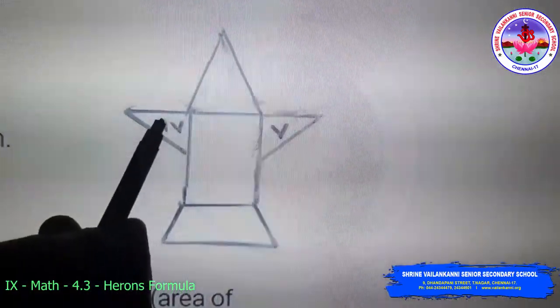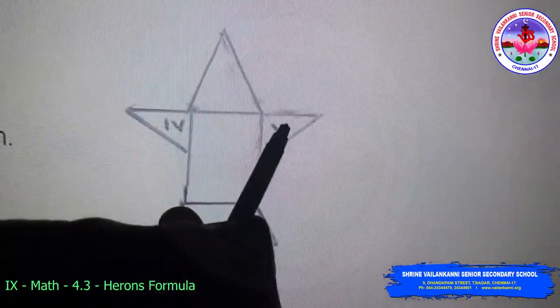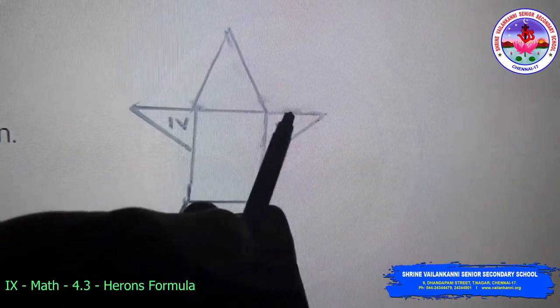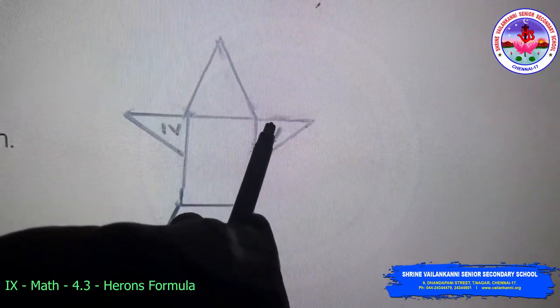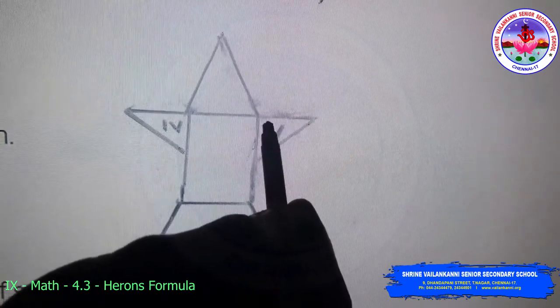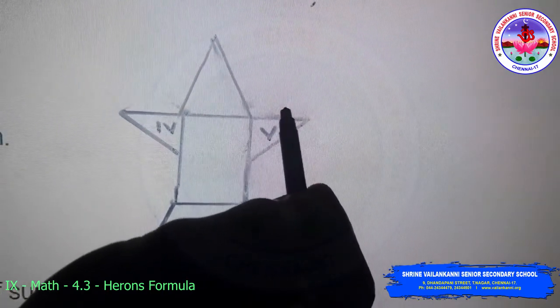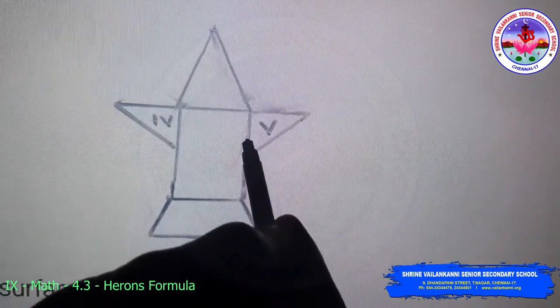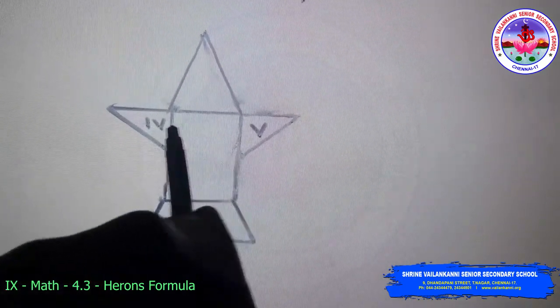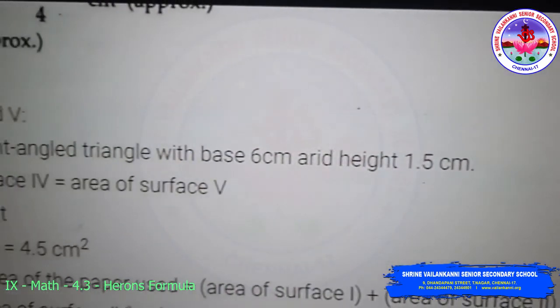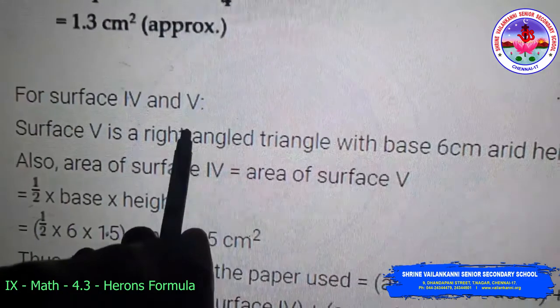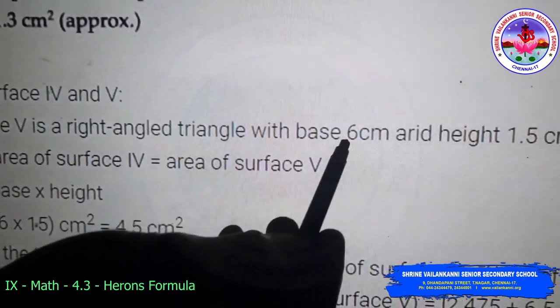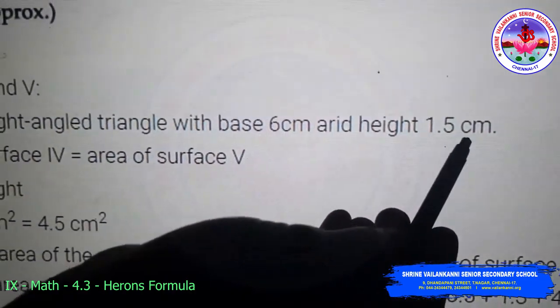We want to find the area of the fourth part and the fifth part. They both are equal right angle triangles, with base 6 and height 1.5 centimeter.